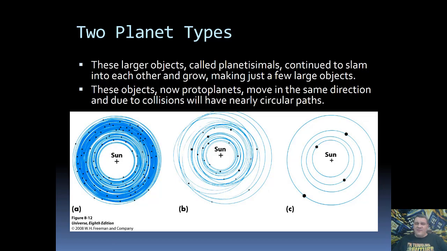But there's still enough of them pulling on each other gravitationally that they still have some random, chaotic orbits until they continue to slam into each other, and finally we're left with just a few planets that are now nicely separated and have nice, stable, nearly circular orbits.